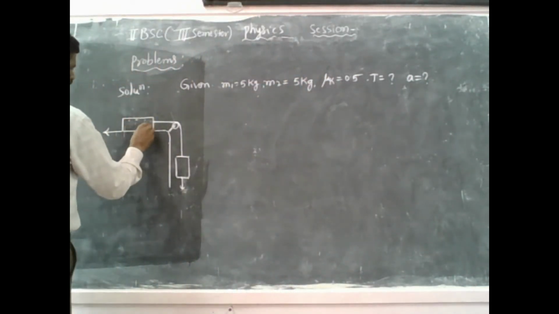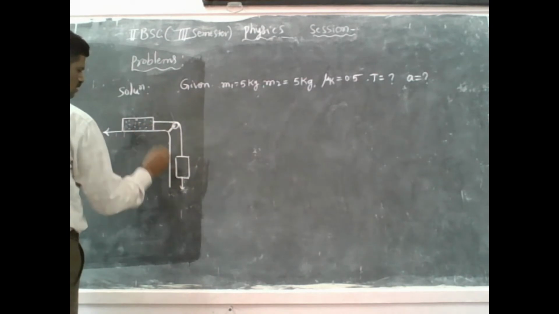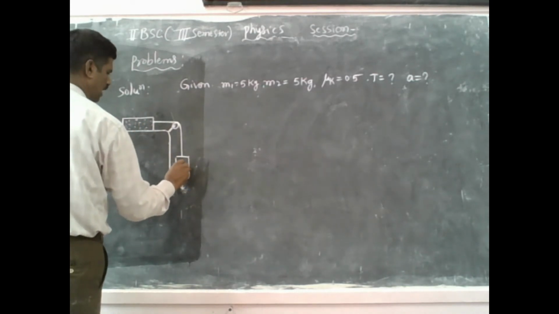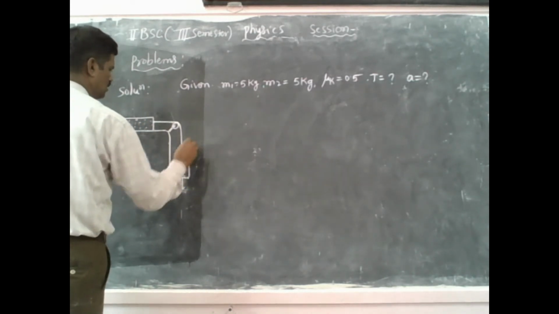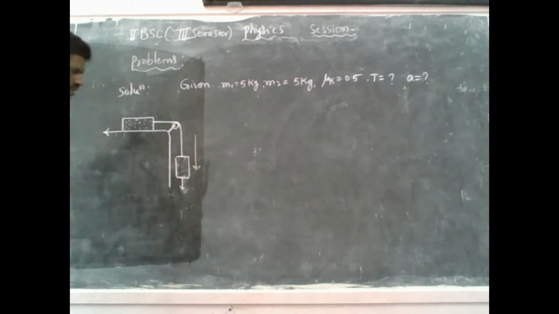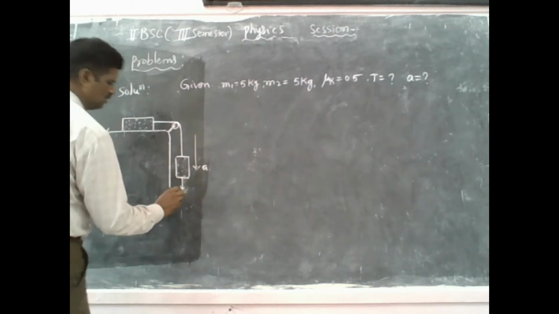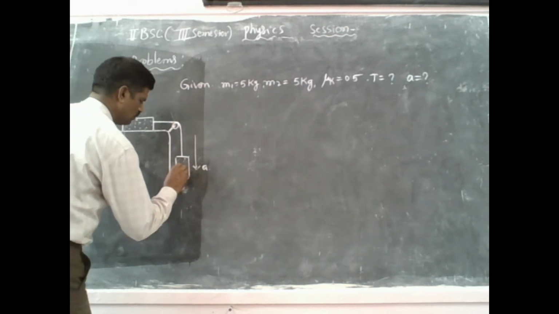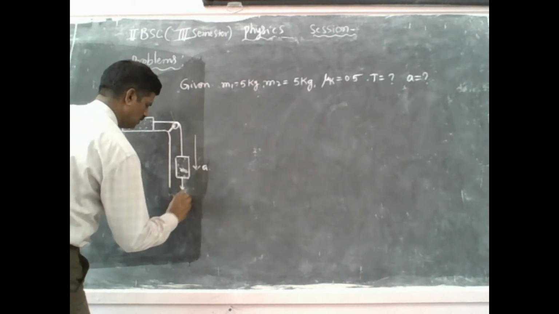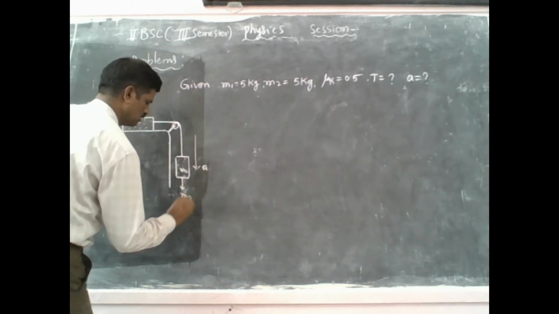So here there are two blocks in the figure. One is hanging, that is, the motion is in the downward direction, isn't it? Its mass is M2, that's why M2G.